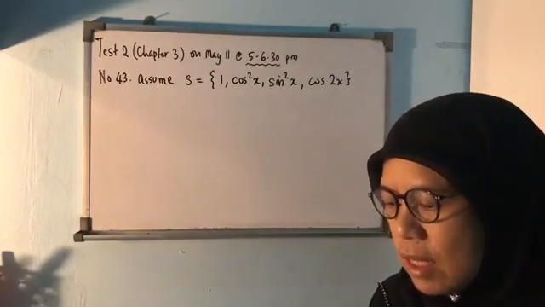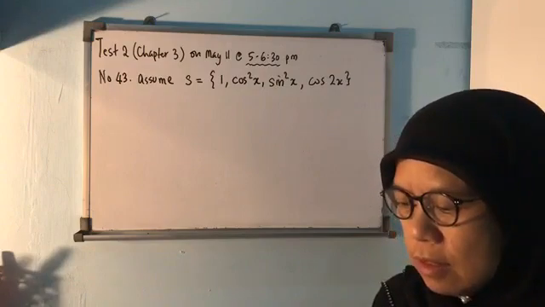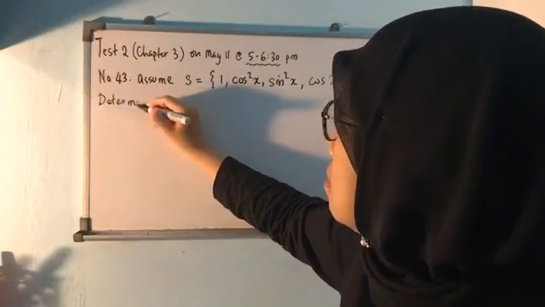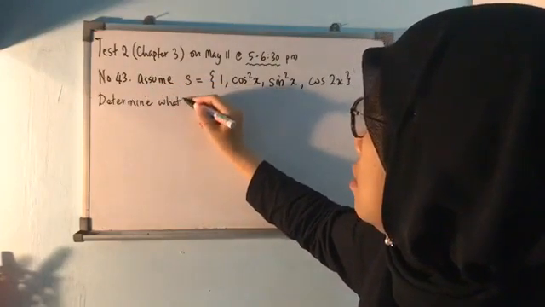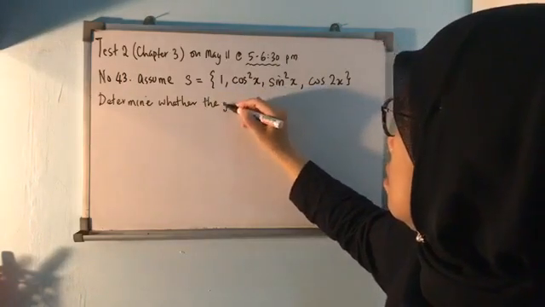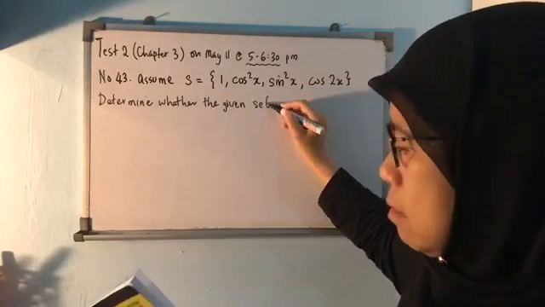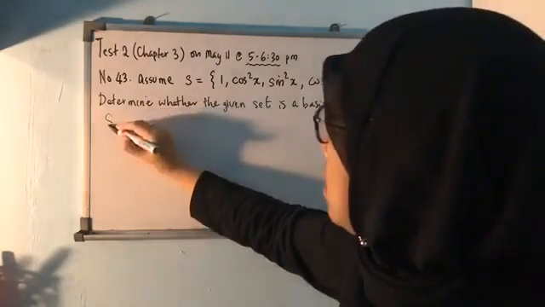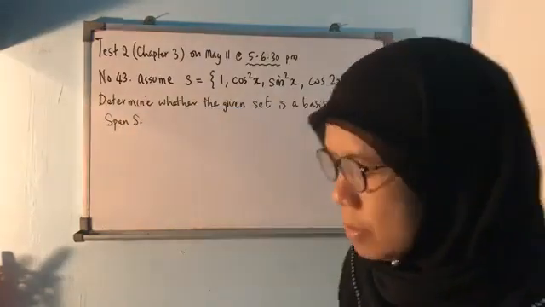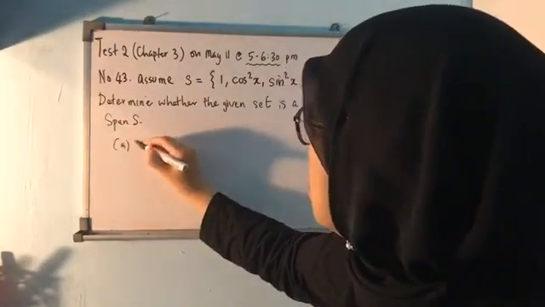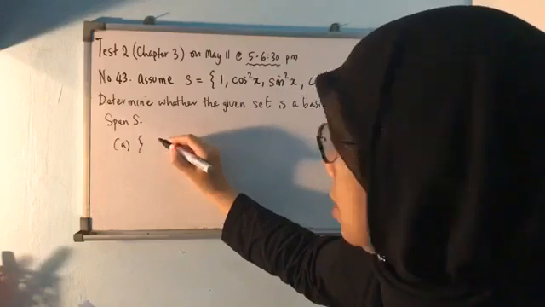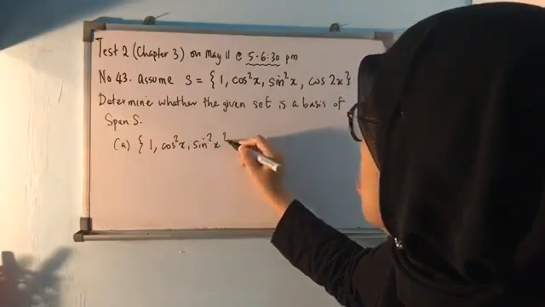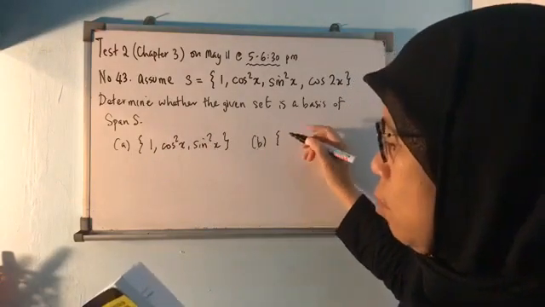Determine whether the given set is a basis for span S. Okay, A: {1, cosine squared x, sine squared x}. B: {1, cosine squared x}.